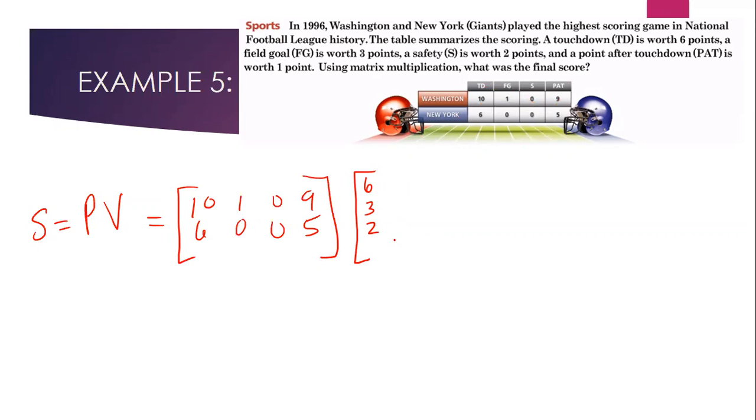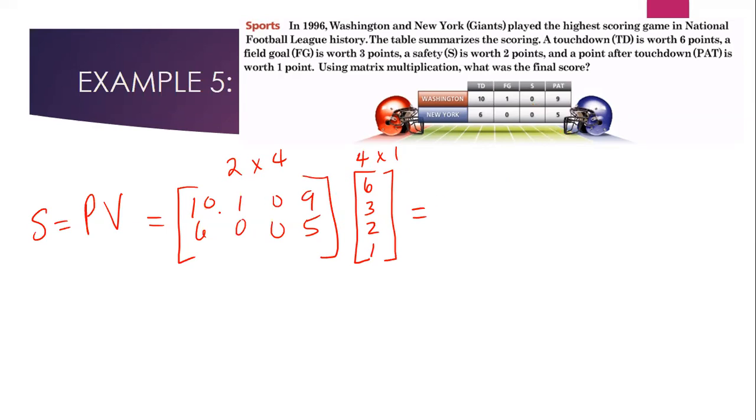And a point after touchdown is 1. So I have a 2 by 4 times a 4 by 1, which means that it will produce a value. What are going to be the dimensions of my scoreboard? A 2 by 1, which makes sense, right? Because in a game, how many scores are there? 2. Okay? And so now we're going to proceed to multiply.